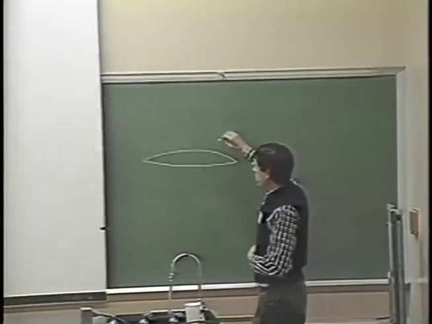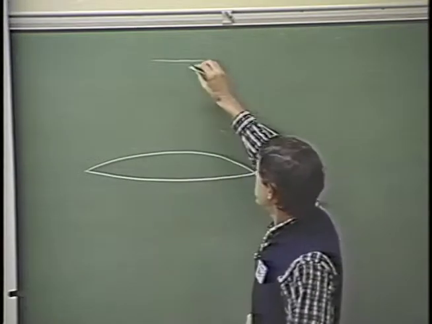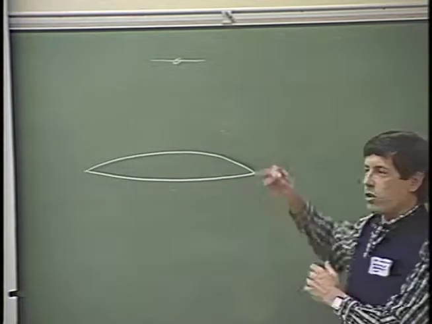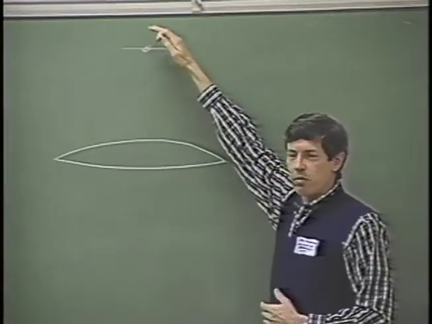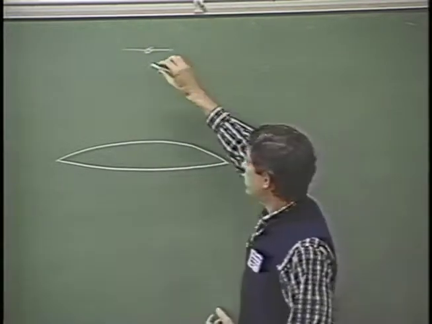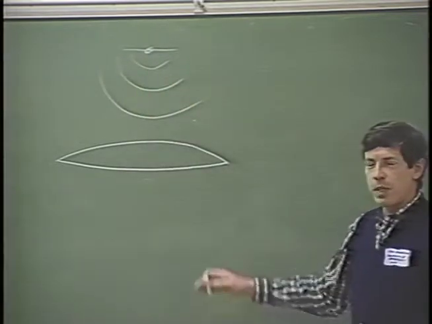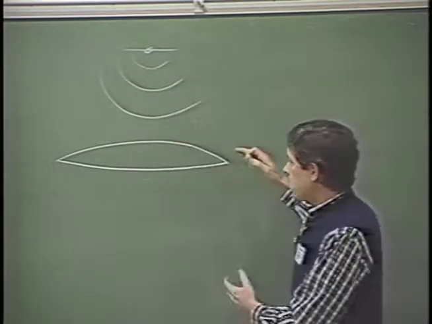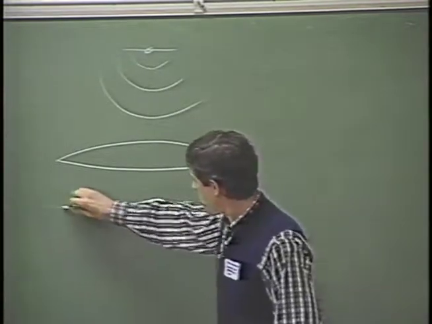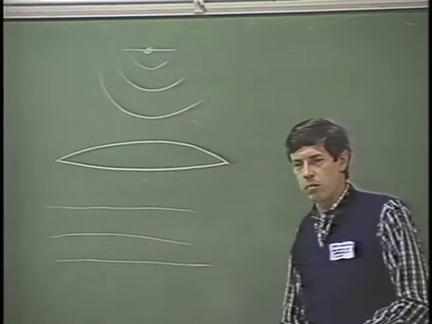So if I draw a specimen here, and in particular, if I draw just a point on the specimen, the electron wave scattered from the point, if this were a real ideal point, would be a spherical wave. And in passing through the objective lens, if this were a perfect lens, that spherical wave would be converted into a plane wave.